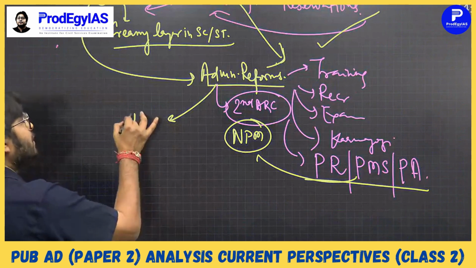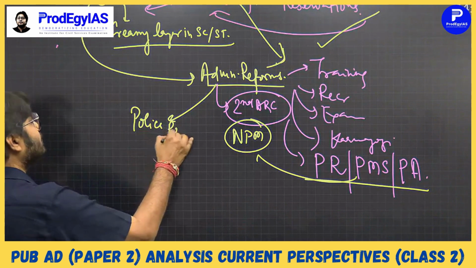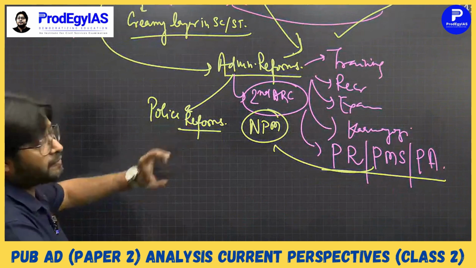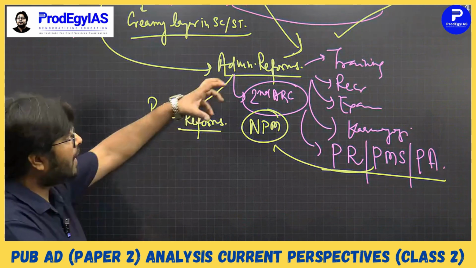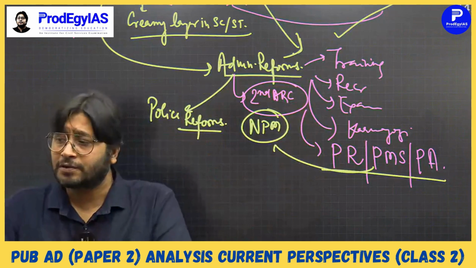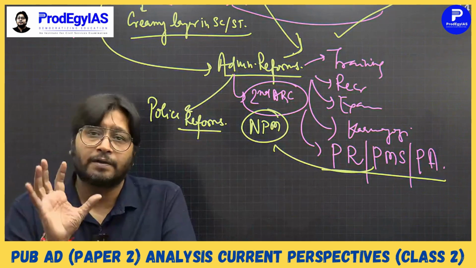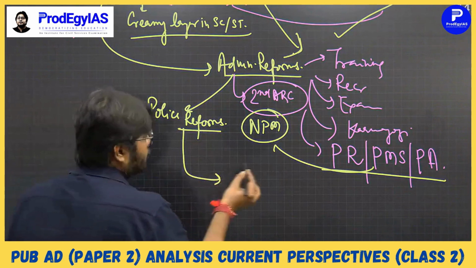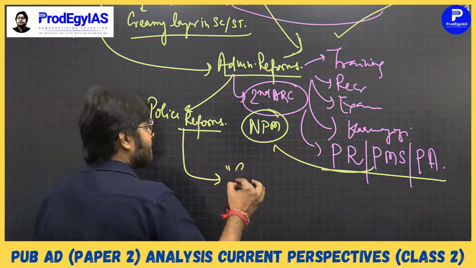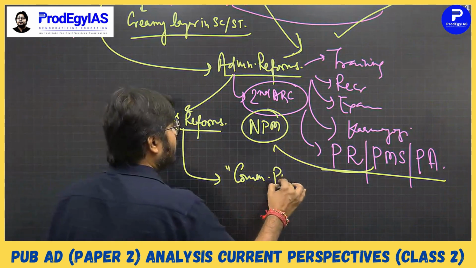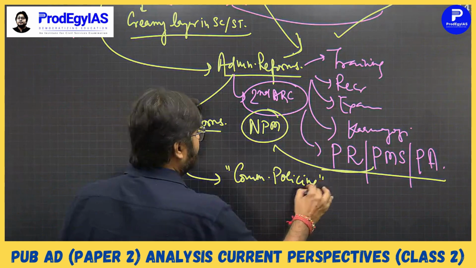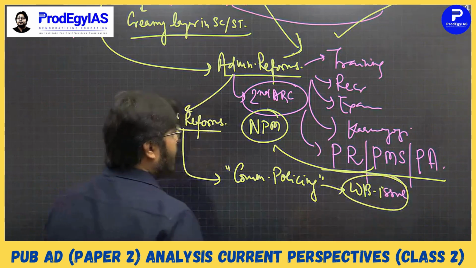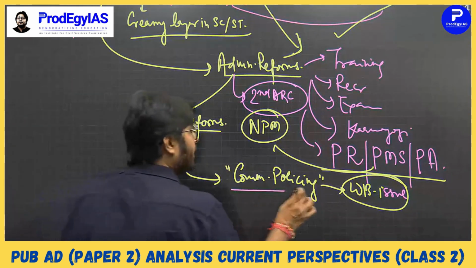Sub part of this is police reforms. Law and order, police administration. So one aspect of that is police reforms. As you highlight the general administrative problems, you put police into one category. That is easier. So police reforms, again, similar issues. Community policing. The West Bengal issue is basically a kind of implied consequence of community policing.